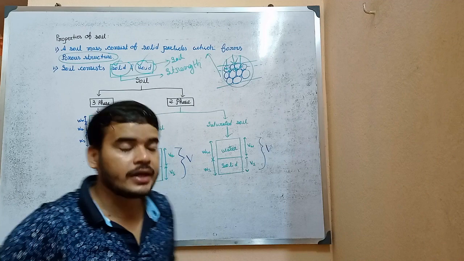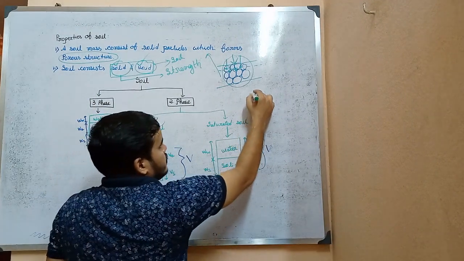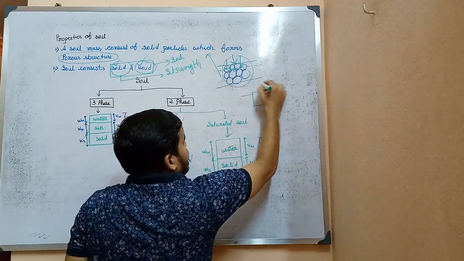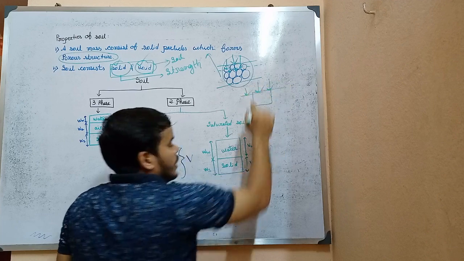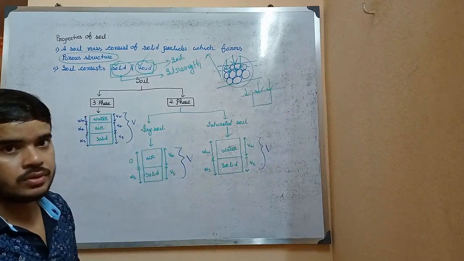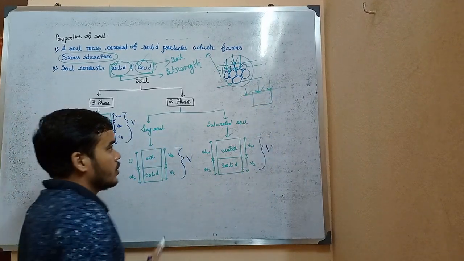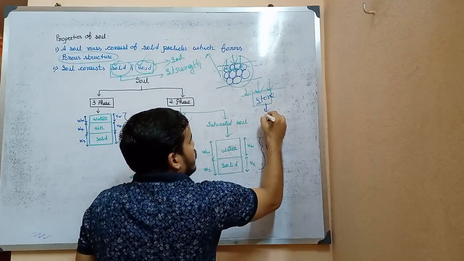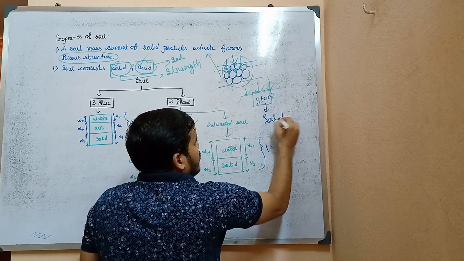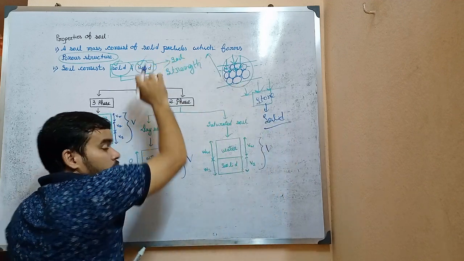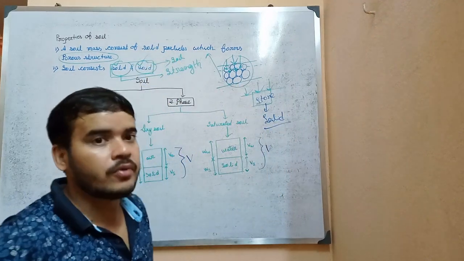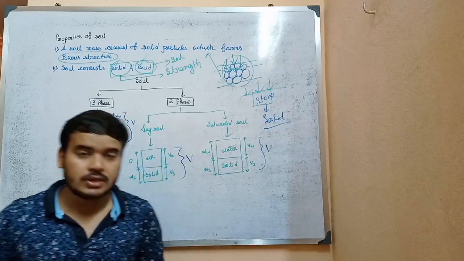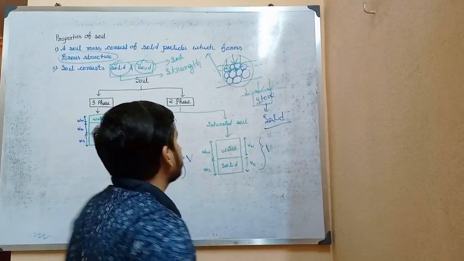If there is no void, what will it be called? That is simply called a stone, not soil. It is a stone. There is only solid. So the void term is also important. There must be some void when we deal with soil mechanics.